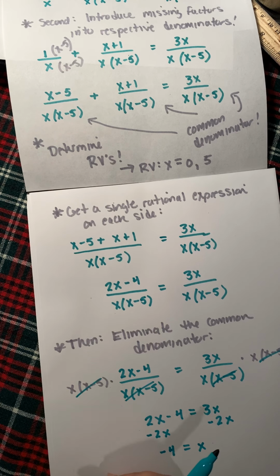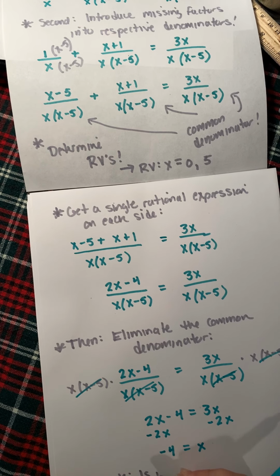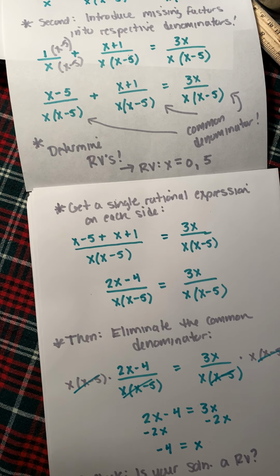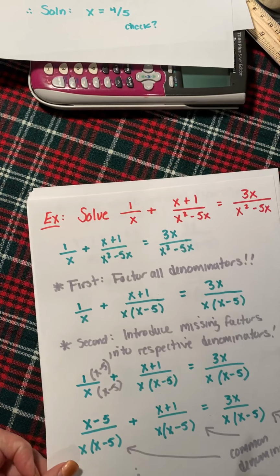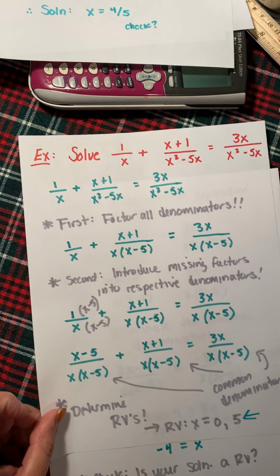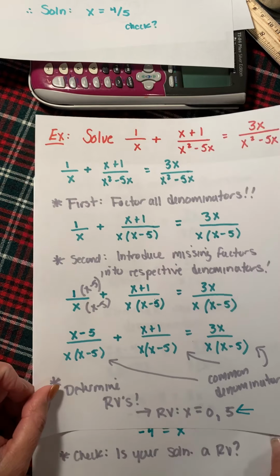And then check. Is your solution a restricted value? Well, our restricted values were way back here. Our restricted values are 0 and 5. Oh no. Oh, okay, phew. Thought I was running off.